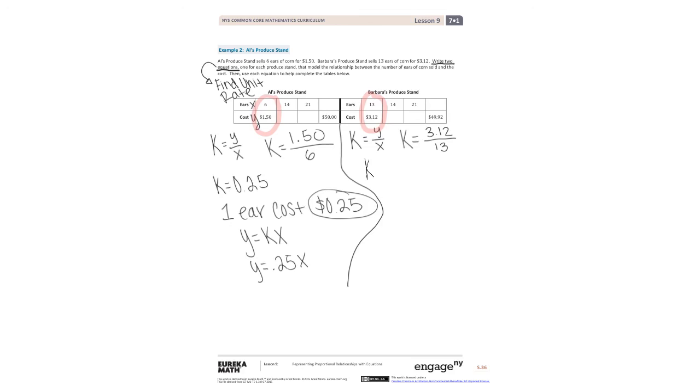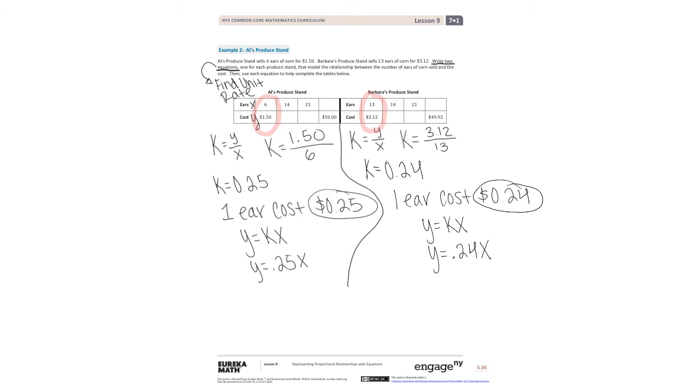Great. You should have gotten 0.24. Okay, now we know that 1 ear costs 24 cents. Now that we know that 1 ear costs 24 cents, we are going to write our equation of y equals k times x, and we are going to put our unit rate in for k. So y equals 0.24x.